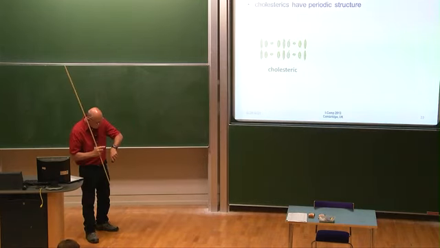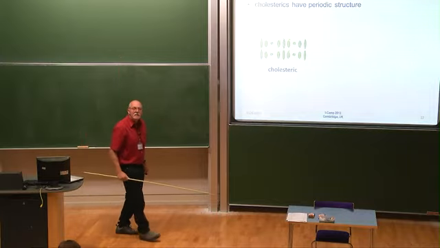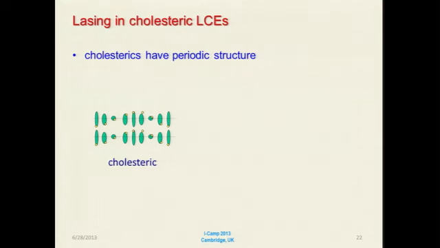All right, and I want to say a few words about lasing in cholesterics. This is kind of a fun story. Cholesteric liquid crystals have a periodic structure. Molecules are chiral. They like to not be exactly parallel, but tilt with respect to each other. So if you just put these in a container, you form a structure where the director is rotating in space, forming a helical structure.